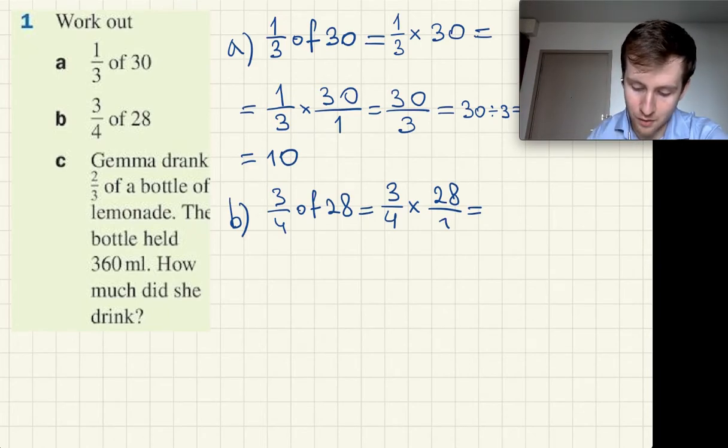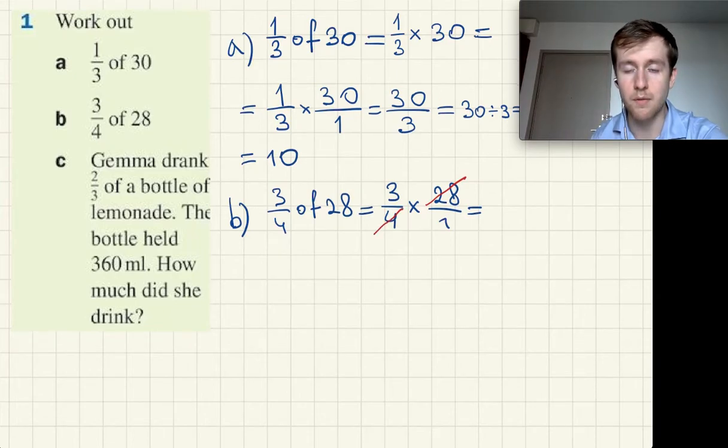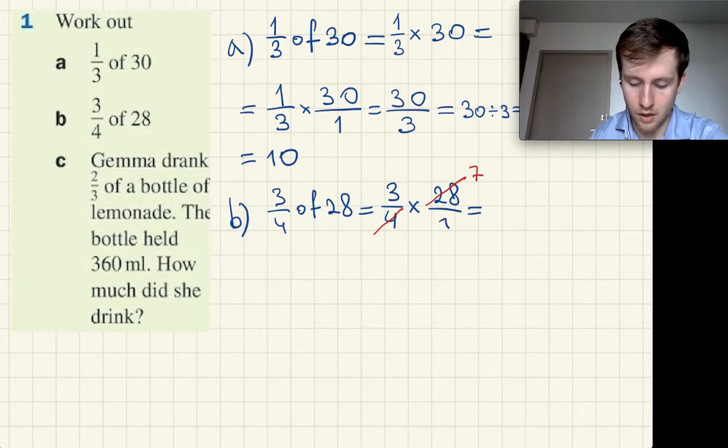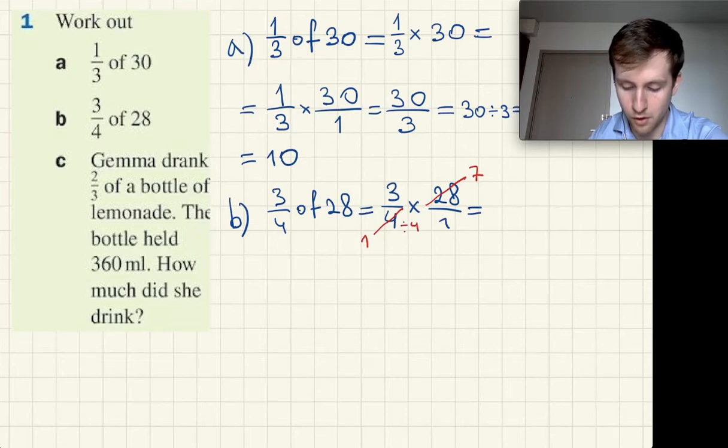So 28 and 4, because they are on different ends, they can be simplified like this, and here we will get 7, and instead of 4 we will get 1. So again, what we do is we divide them both by 4. We can do this if one part of our simplification is on the top and another one is on the bottom.